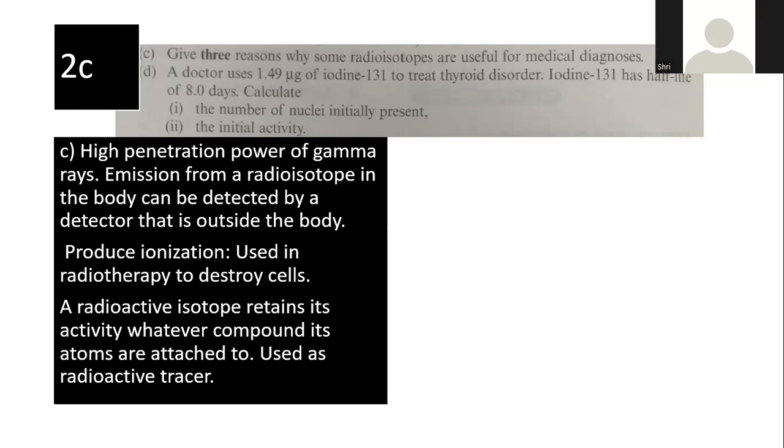A doctor used 1.49 microgram of iodine to treat thyroid disorder. Iodine-131 has a half-life of 8 days. Calculate the number of nuclei initially present. What should I do? You have been calculating this.